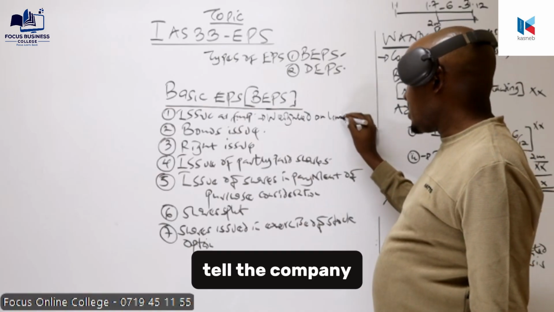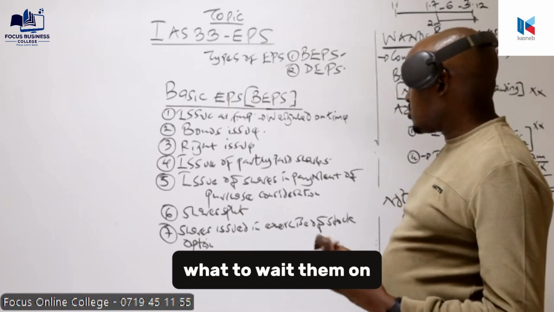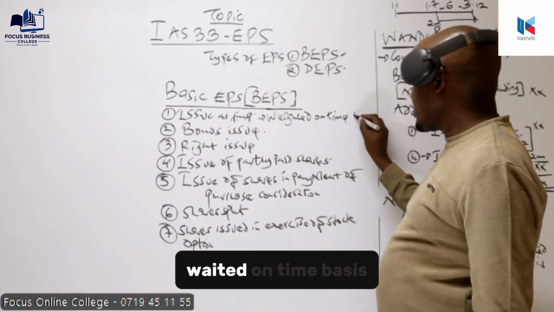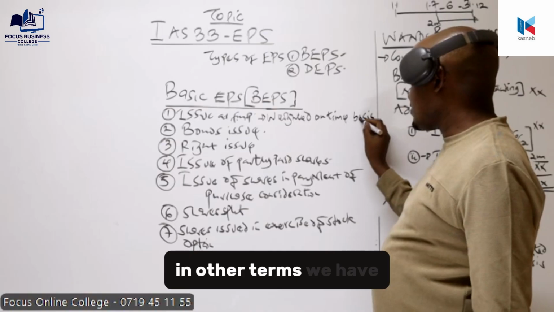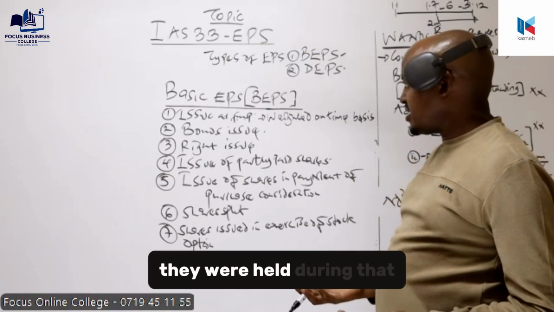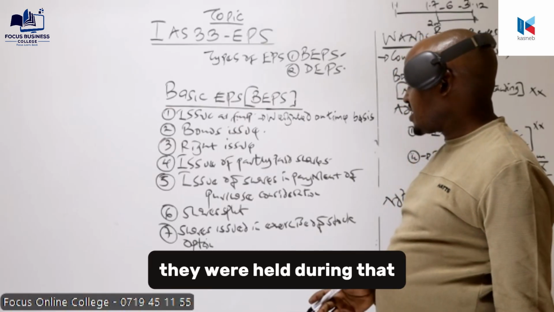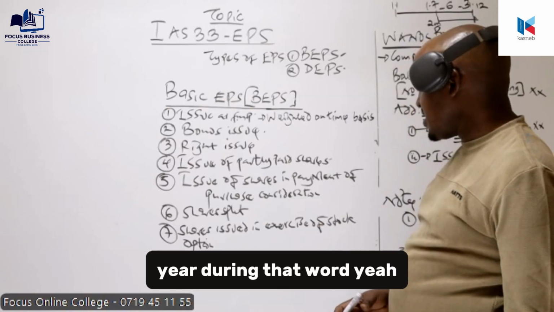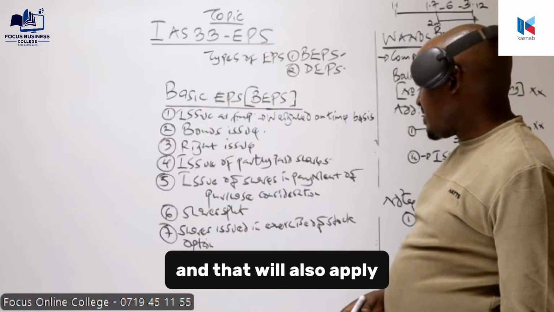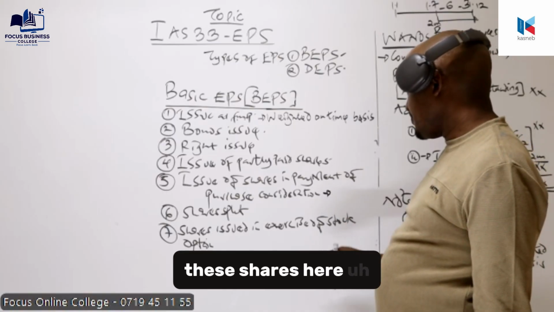Anytime you're told the company issued shares at full market price, you just need to weight them on a time basis. In other words, they should be multiplied by the proportion of time they were held during that year. And that will also apply to these shares here.